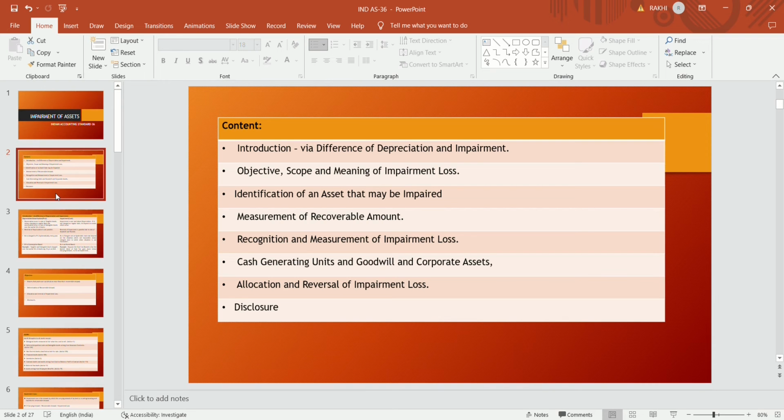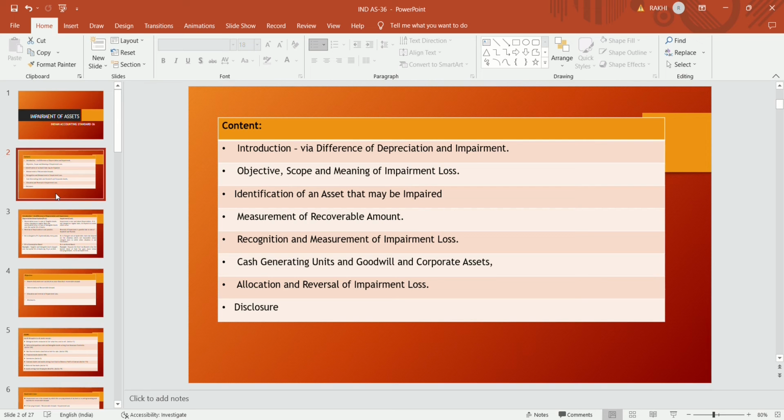Then we will discuss the objective, scope and meaning of impairment loss. What was the purpose of this impairment loss? What was the scope and what is its meaning? Then we will discuss the identification of assets that may be impaired, how the company will identify the assets which may be impaired.